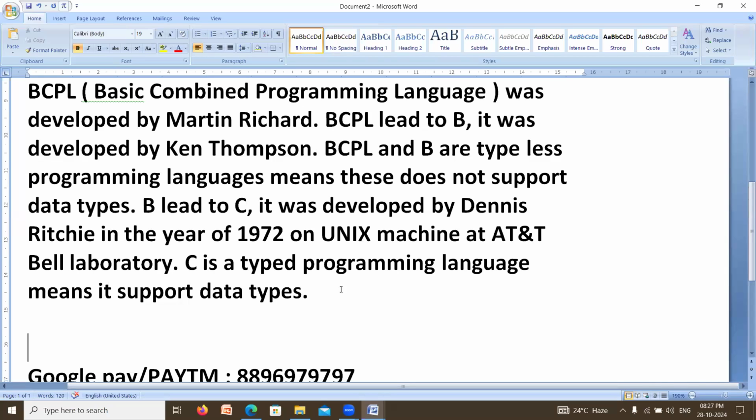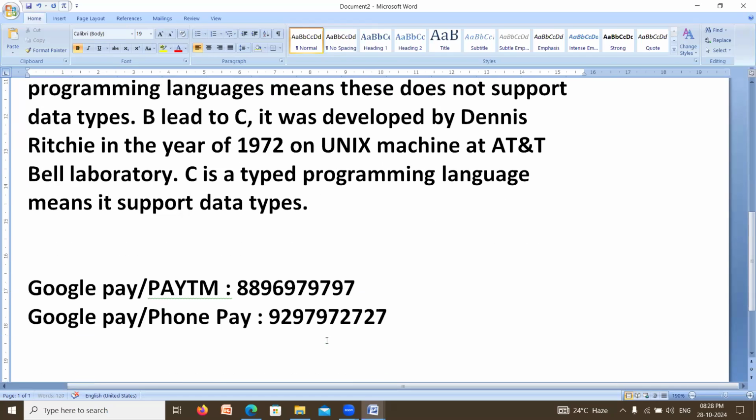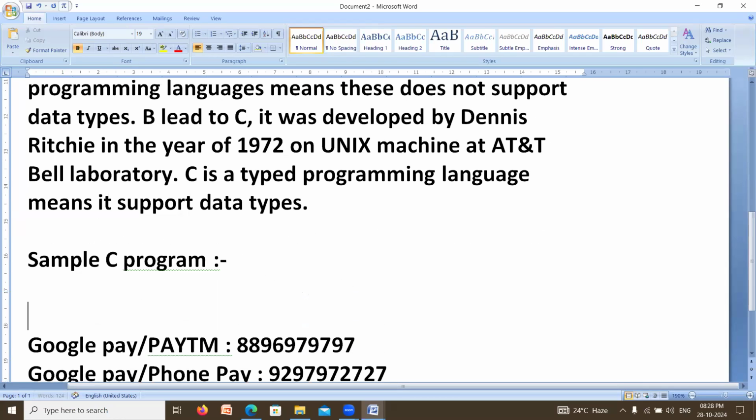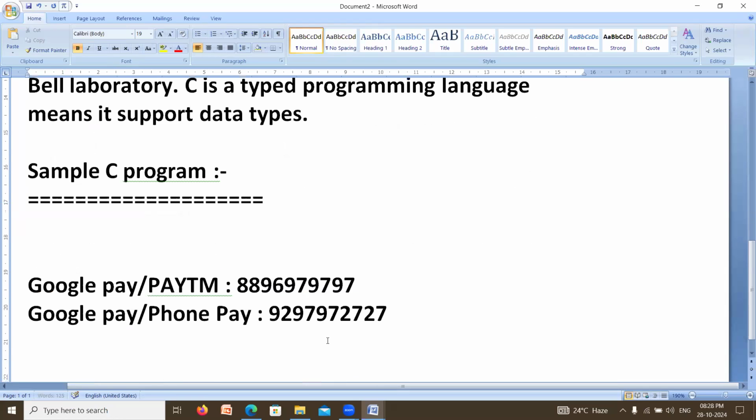Friends, today I will explain the sample C program. How to write a sample C program. Friends, you have to write a C program like this.